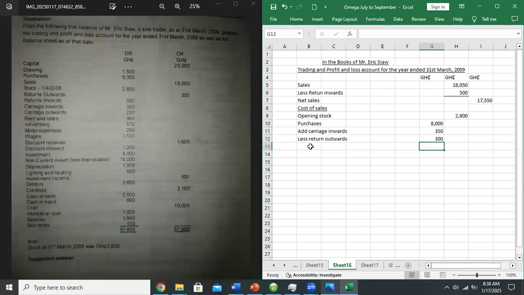So this adjustment will get us to the net purchases, which will now be moved under the opening stock to be added to arrive at the cost of goods available for sale.